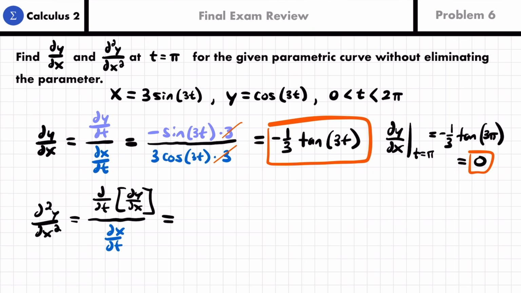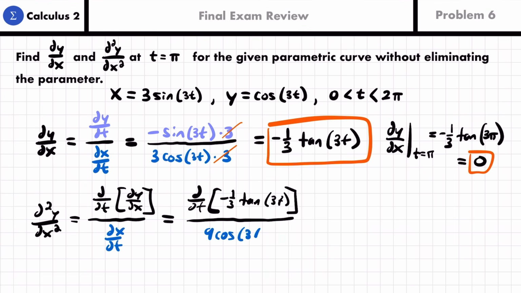Okay, so let's set this up. We're going to take the derivative with respect to t of dy dx, which we found earlier. So we're going to write in negative 1/3 times tangent of 3t, and then that will be divided by dx dt, which we already found earlier. It was 3 cosine of 3t times 3. So if you multiply those 3's together, you get 9 times cosine of 3t.